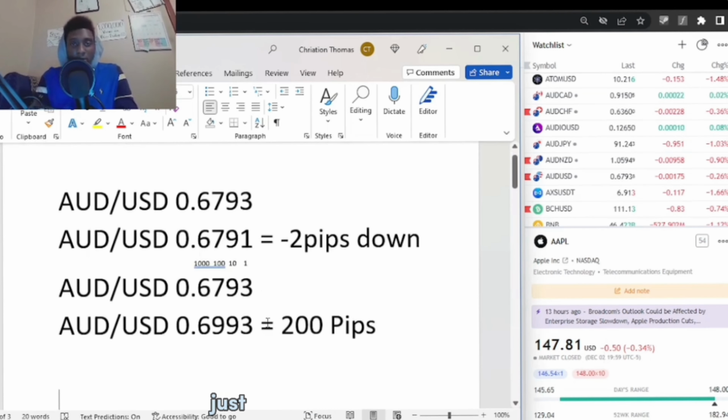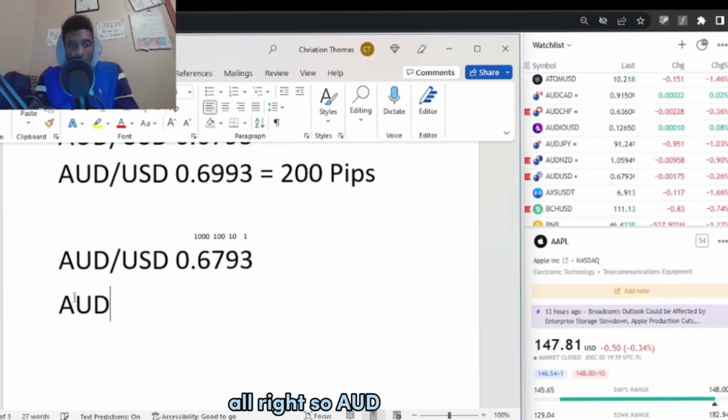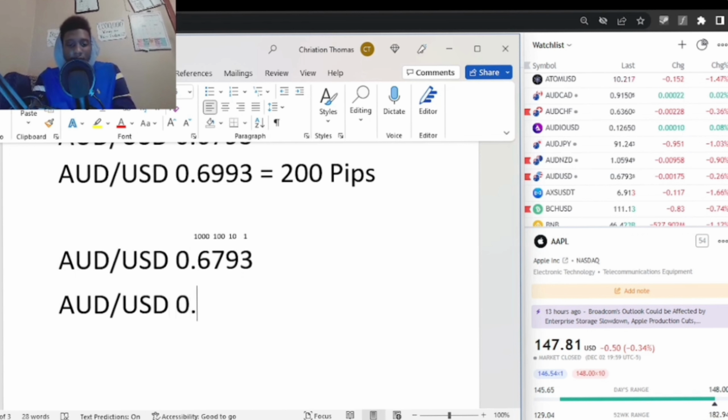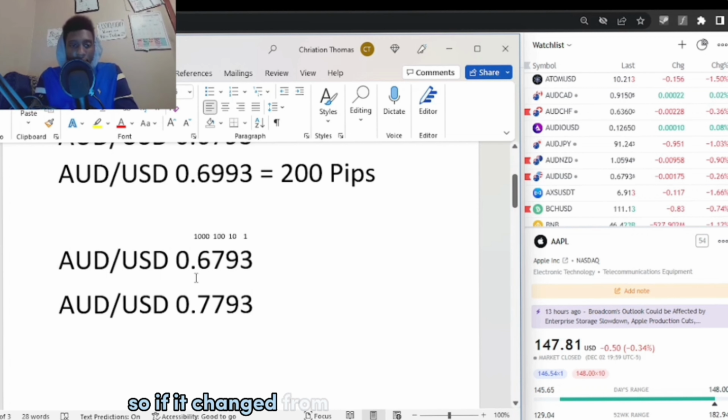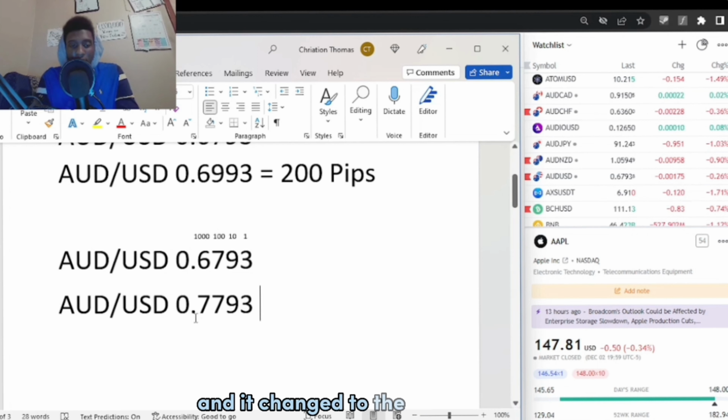Alright, let's do one more example just to make sure that you get it. Let's say AUD USD is at the same price, 0.6793, and it changed to 0.7793. How many pips did that price move?